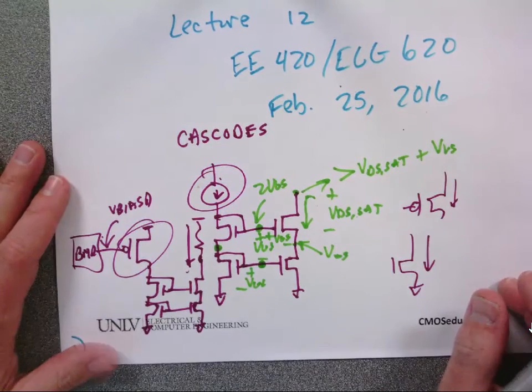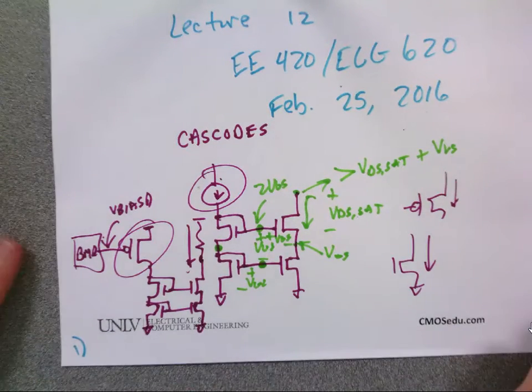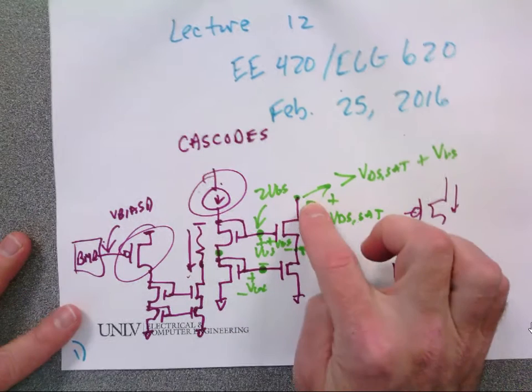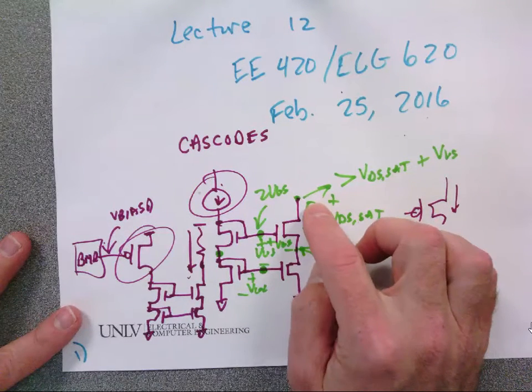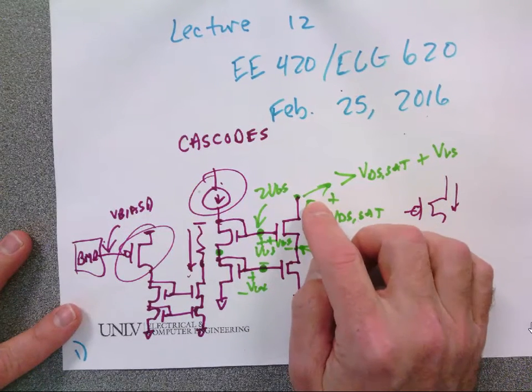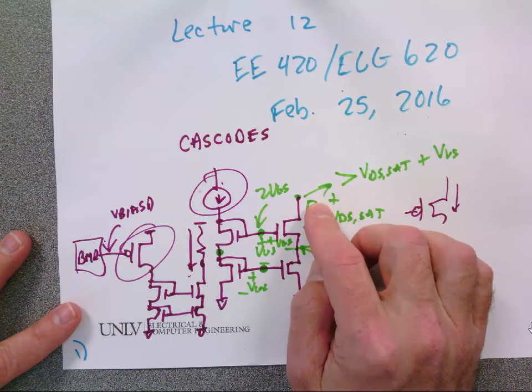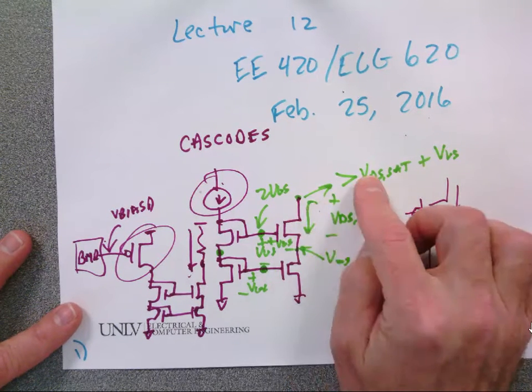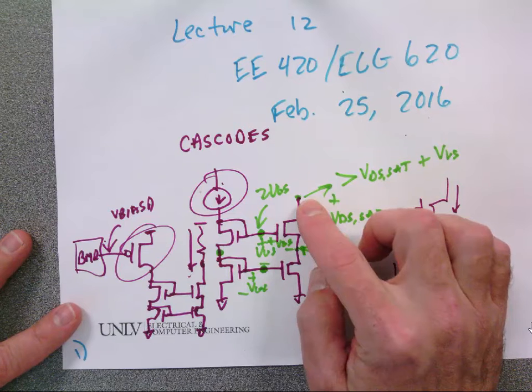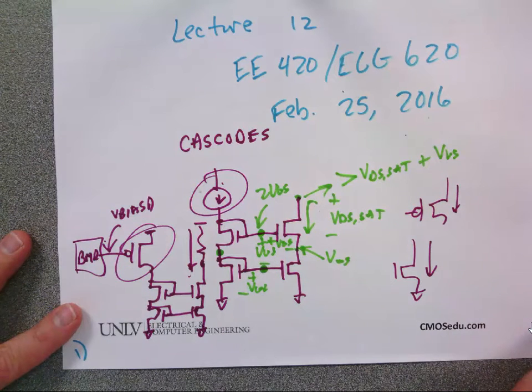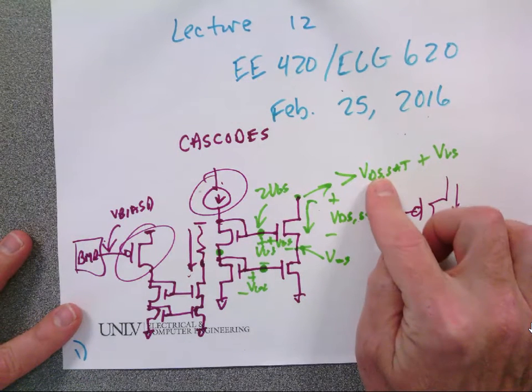Does everybody understand, if I give you a quiz question, I say sketch the basic cascode current mirror, label the voltages, what's the minimum voltage I need on the output here for the circuit to operate in saturation? It's the one on the bottom.